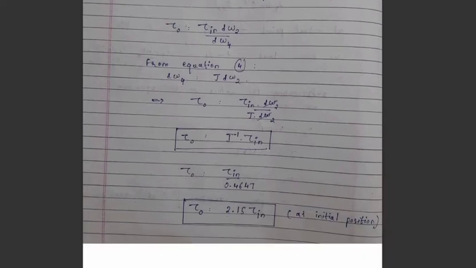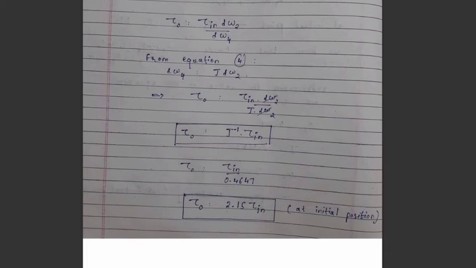We can assume in the virtual work concept that d theta is equal to d omega, assuming that dt is independent. From there we got the relationship that torque output is equal to Jacobian inverse times torque input. At the initial position, torque output was equal to 2.15 times torque input.